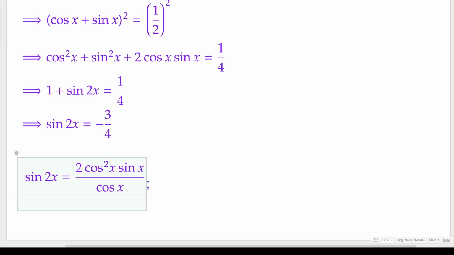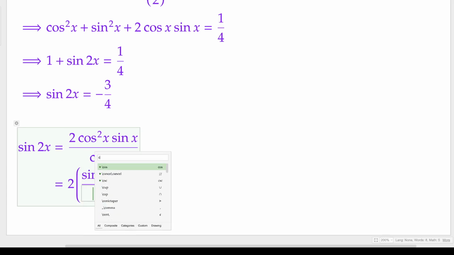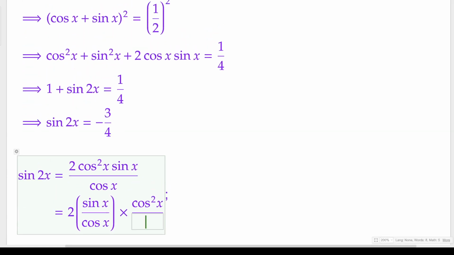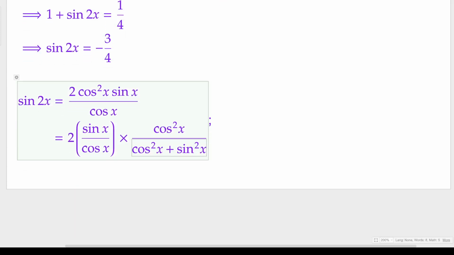Now I'll isolate this 2 times sin x over cos x, and with the other one I have cosine squared x, and in the denominator we already have 1. So instead of this one, I'll write cos squared x plus sin squared x.